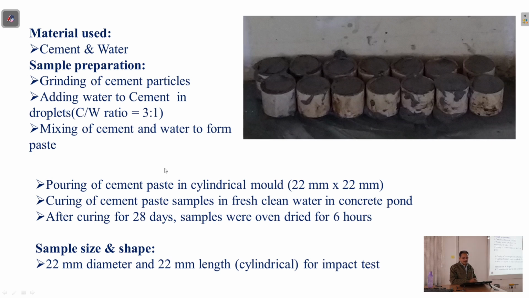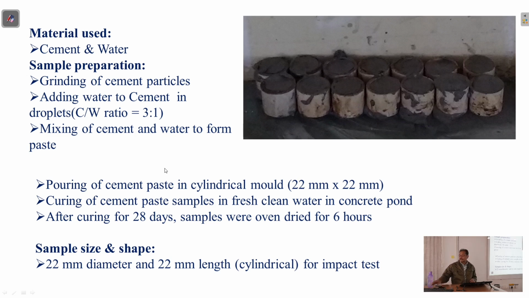Ideally, you cure it for at least 28 days, right? But for the experiments, we also did some intermediate values. So, 3 days, 7 days, and 28 days are generally given in codes. We followed that, and we also added one more value in between so as to have some better variation.